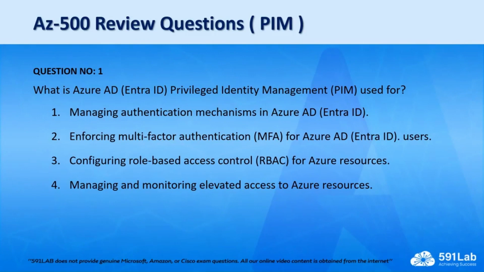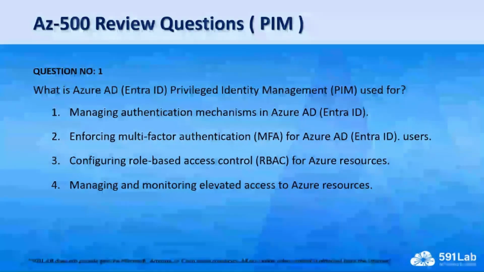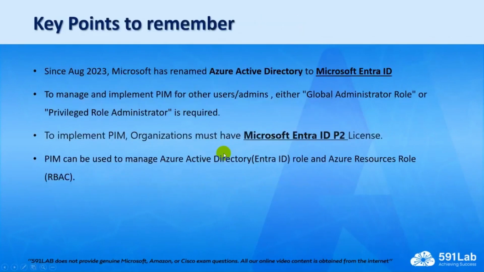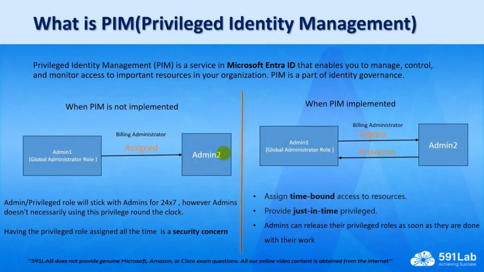If you go back in this video to the initial slide, we talked about what PIM is. So let's quickly recap on this. Look at the definition. Privileged Identity Management is a service in Microsoft Entra ID that enables you to manage, control, and monitor access to important resources in your organization.